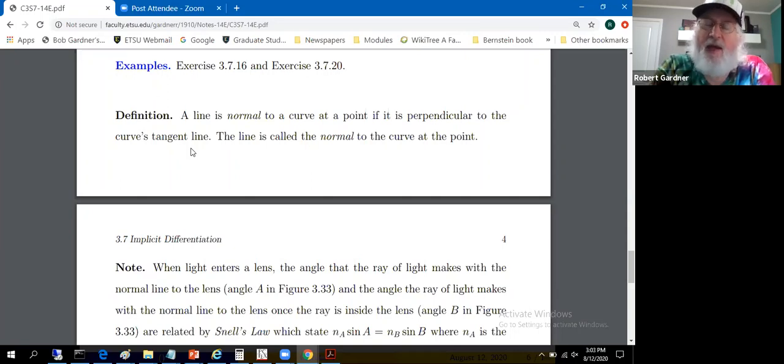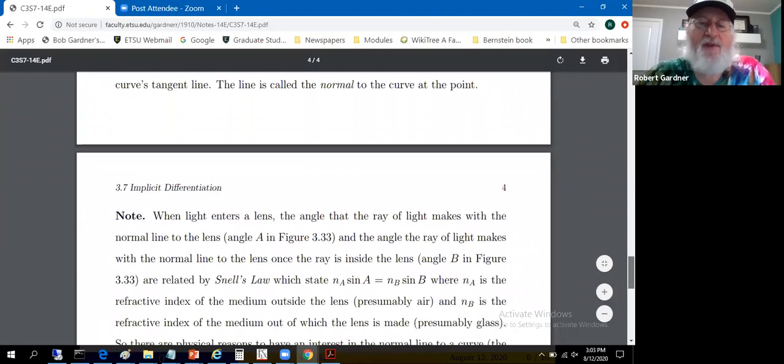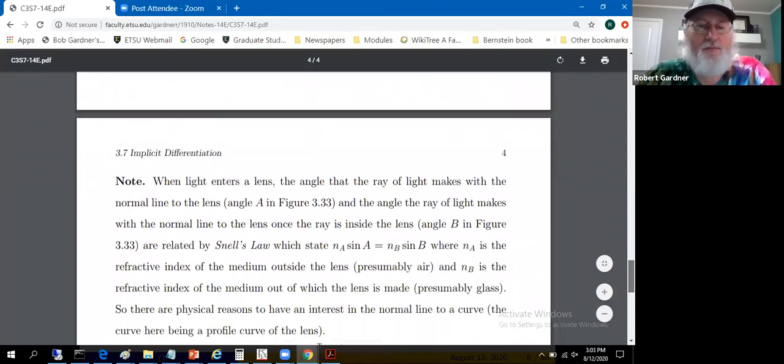Perpendicular lines have negative reciprocal slopes. So how are you going to find the slope of a normal line? I'll use the negative reciprocal of the tangent line, the negative reciprocal of the derivative. So this is just a little extra nuance on some of the geometry involving curves and the use of derivatives.